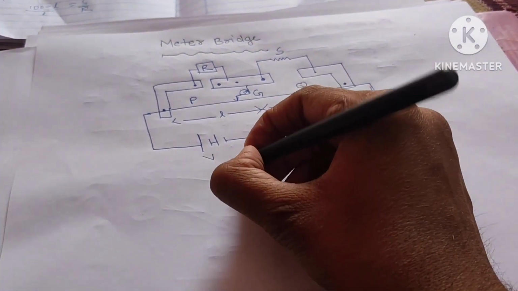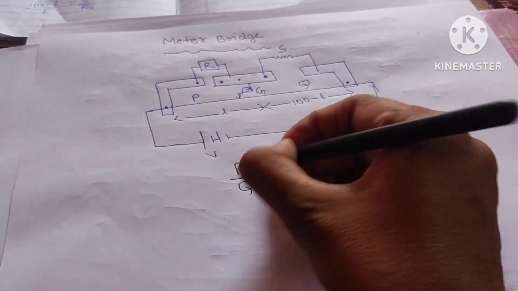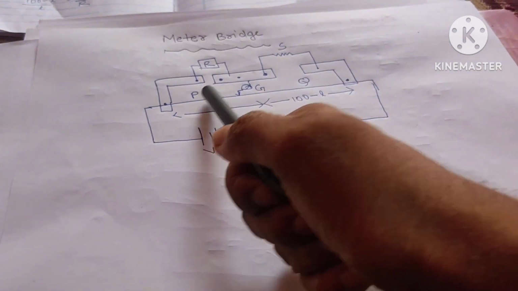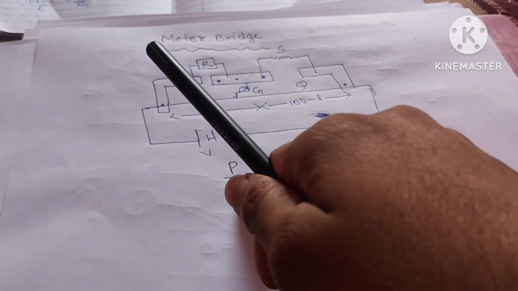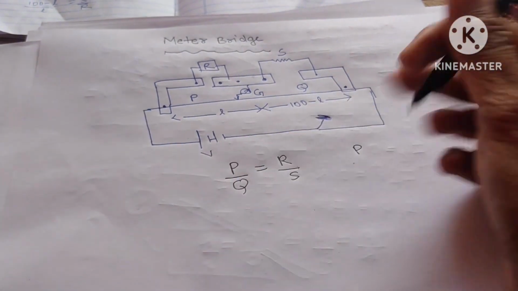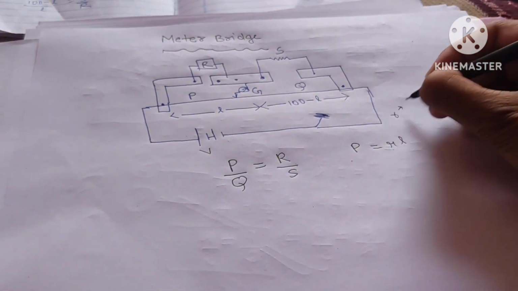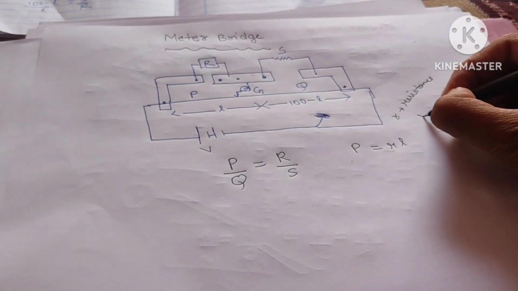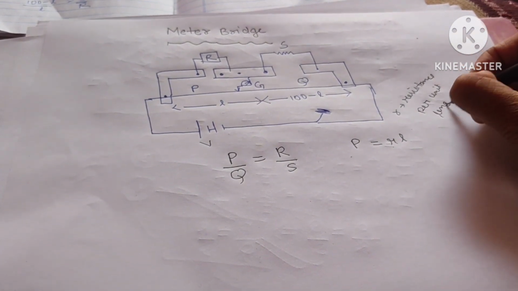So we know from the Wheatstone bridge, P by Q is equal to R by S. Here P is equal to rL. Okay, what is r here? r is nothing, it is just the resistance per unit length.